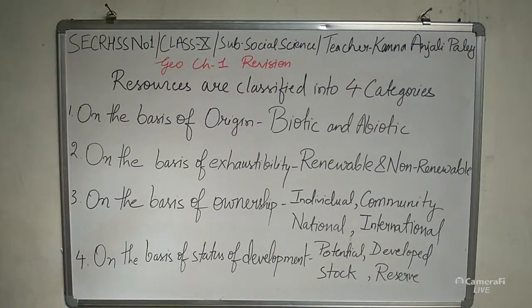Its quantity is unlimited because it can generate again and again and replenish again and again. That's why it is termed as renewable, which can be renewed or reproduced. For example, wind energy, solar energy, water, forest, living beings, animals, they can also reproduce.